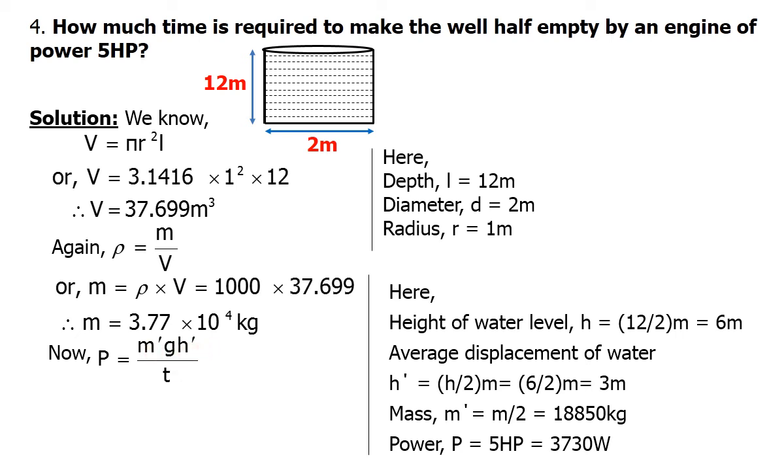Changing the position of t with P, we can write t equals m prime g h prime by P. After putting the values of m prime, g, h prime and P, we got the result t equals 148.57 seconds.